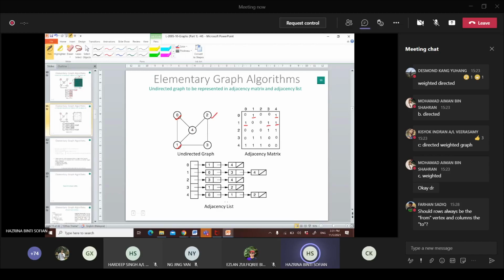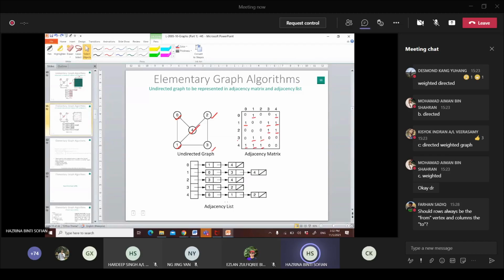Vertex 2 can go to 4 and 3. That's why it's 4 and 3 here. 3 can go to 1 and 2. And lastly, 4 can go to 0, 1, 2. Okay, so let's say 4 can go back to itself, then we can put here as 1. Okay, in this case. But that is not the case.